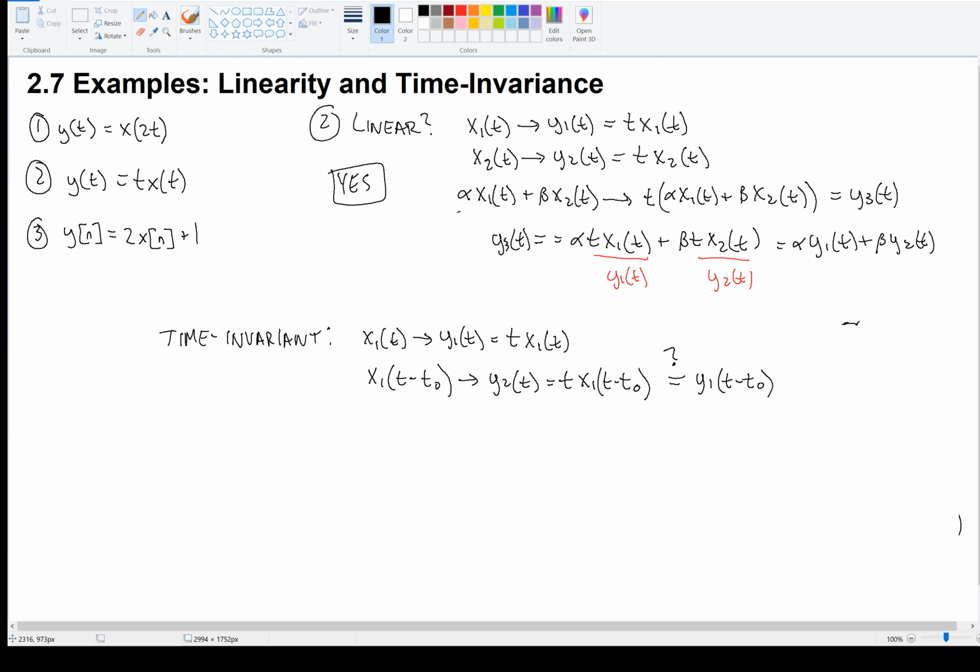No, they're not, because if I take y1 of t minus t0, so replace all the t's in y with t minus t0, then I get t minus t0 times x1 of t minus t0, and I compare these two things, and I say, no, they're not the same.